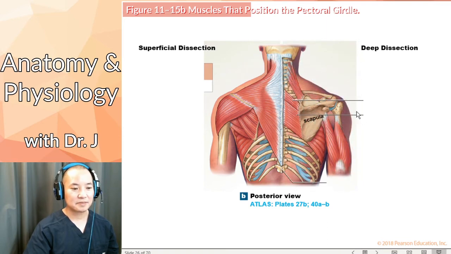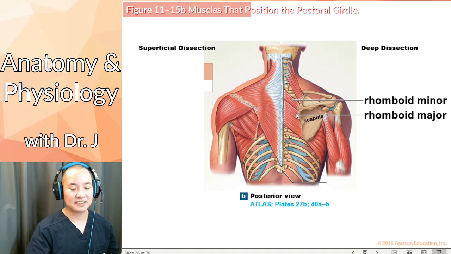Now we can see some of the scapula. We actually removed some of the subscapularis, or not subscapularis, bad. So you have supraspinatus and infraspinatus. We removed those as well, but focus on this. What we have here is the rhomboid major and the rhomboid minor.